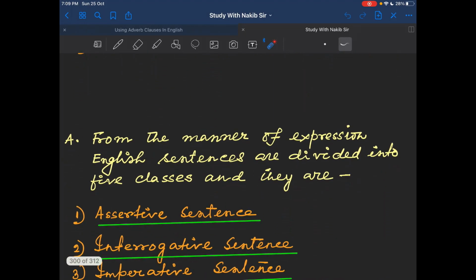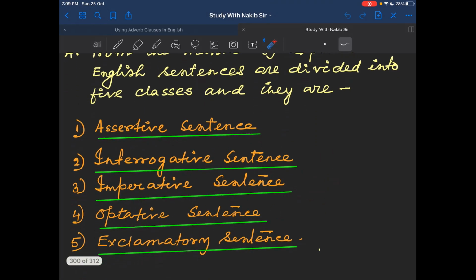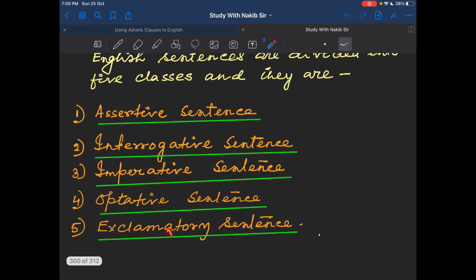From the manner of expression, English sentences are divided into 5 classes: assertive sentence, interrogative sentence, imperative sentence, optative sentence, and exclamatory sentence. You must know these 5 types very well, otherwise you cannot change the narration from the direct speech to the indirect speech. It is very important for the narration change, especially in English.